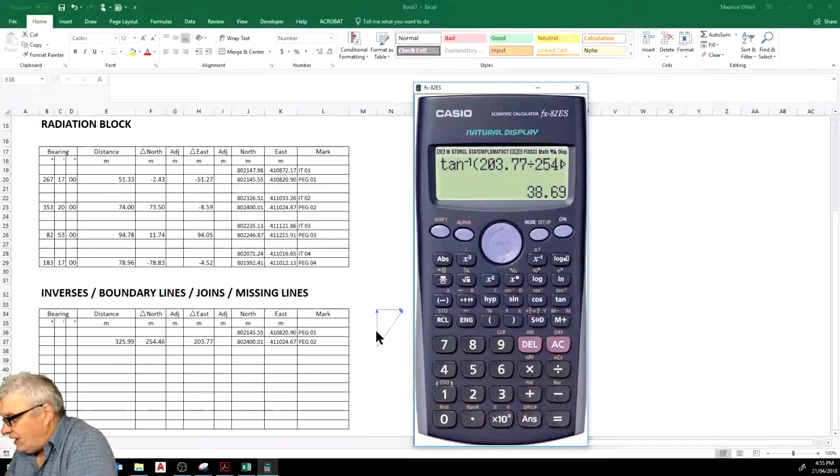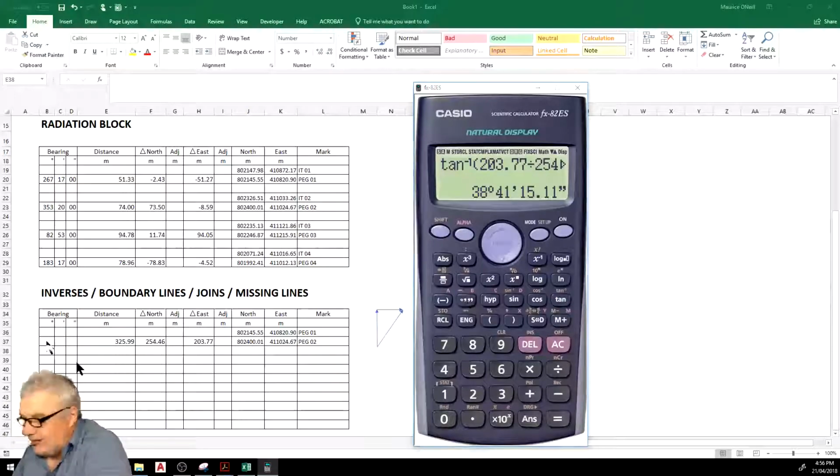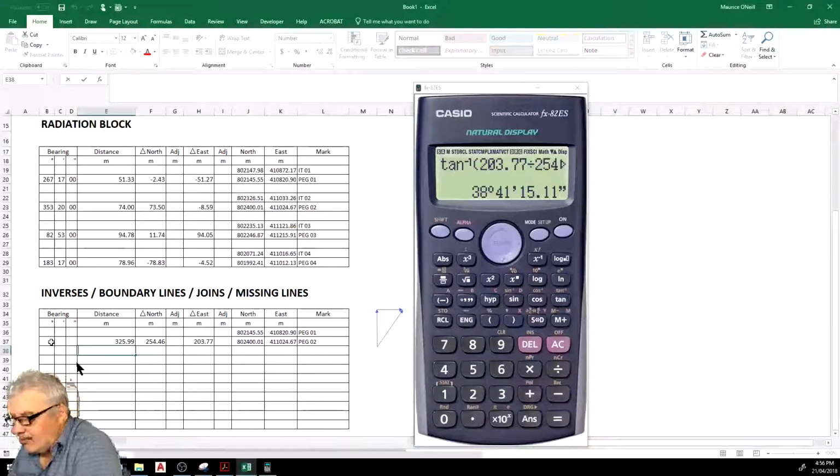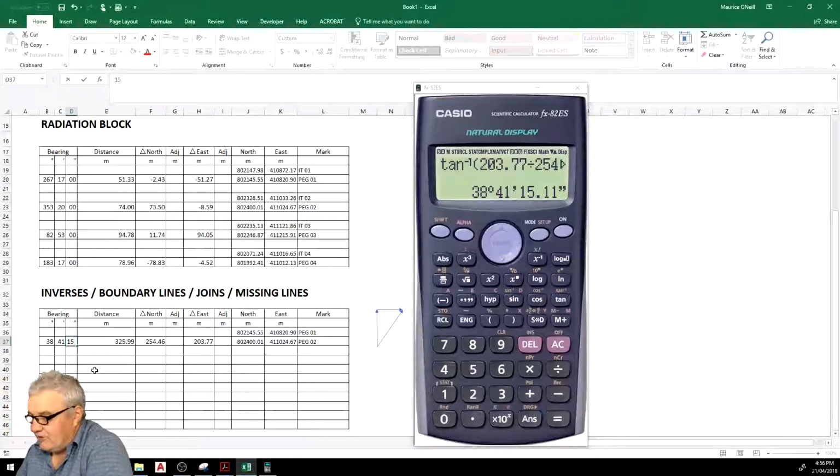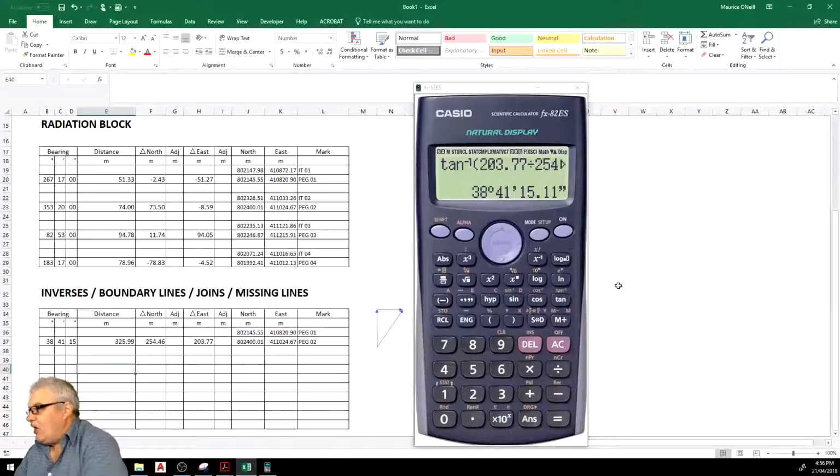Now that's degrees and decimals, and that's this angle in here. That's the angle we want because bearings are measured clockwise from north. So I'm just going to convert that to degrees, minutes, and seconds: 38 degrees, 41 minutes, and 15 seconds. There you go.